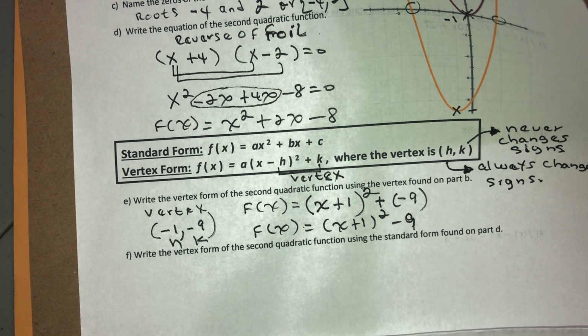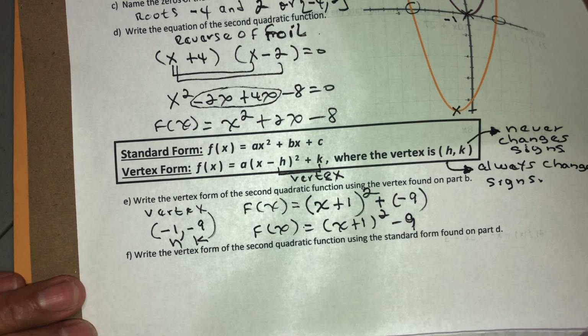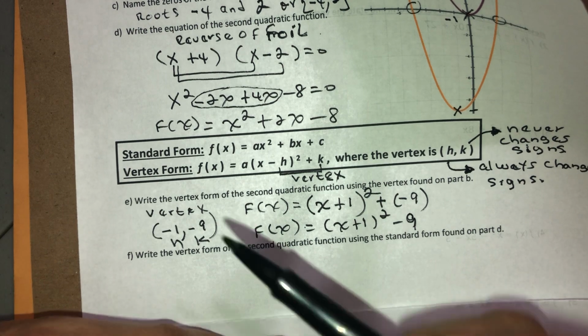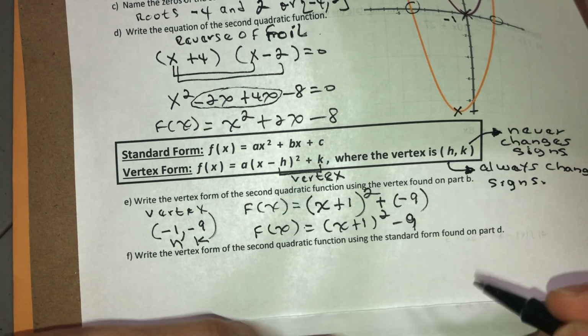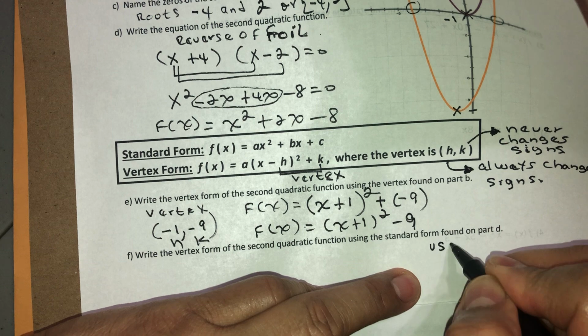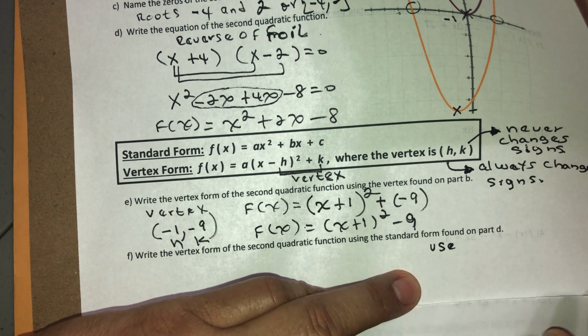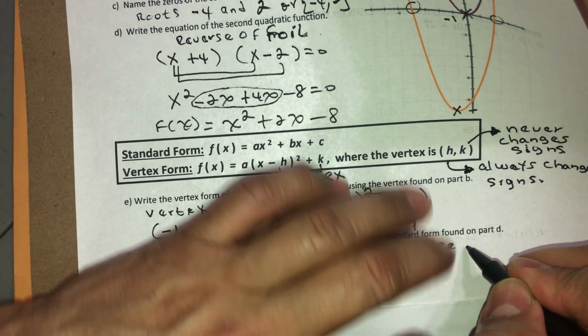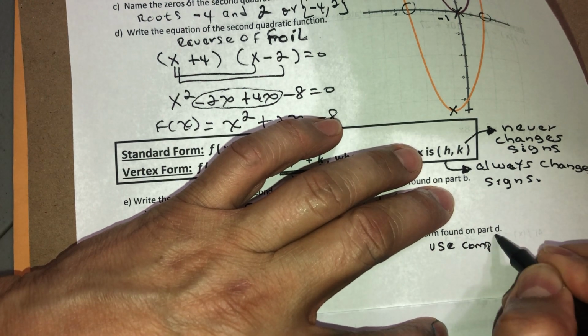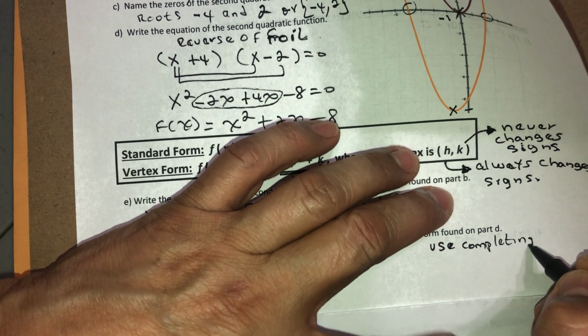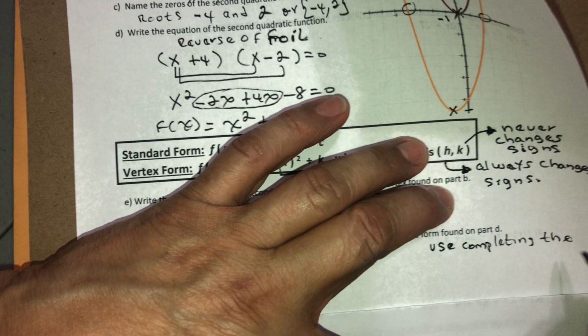So every time they ask you to write the vertex form, and they give you the standard form, you have to use your favorite method: completing the square.